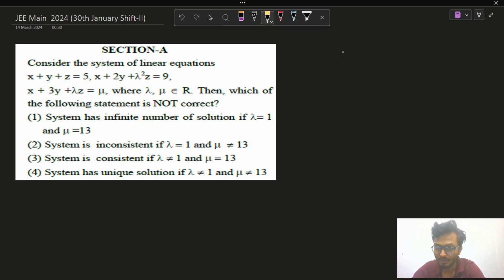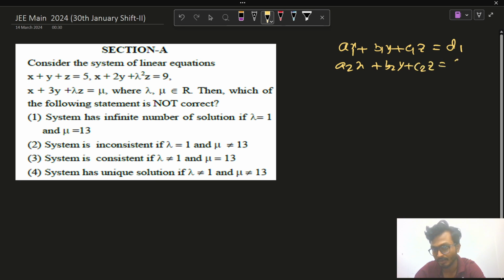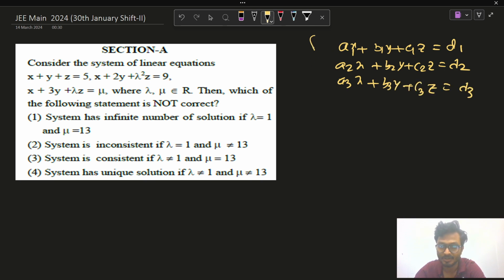So suppose this is a system of equations a1x plus b1y plus c1z equals d1, then a2x plus b2y plus c2z equals d2, and a3x plus b3y plus c3z equals d3. Suppose this is a system of equations with three variables.